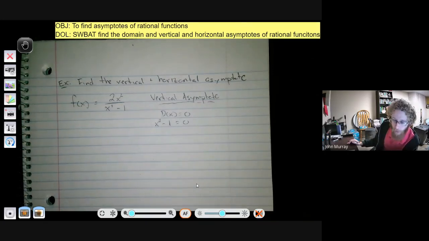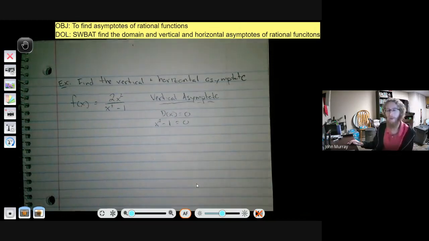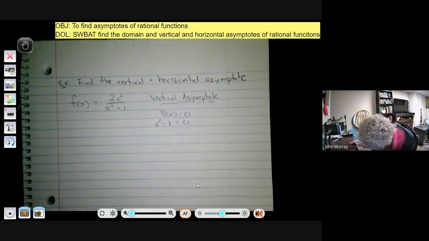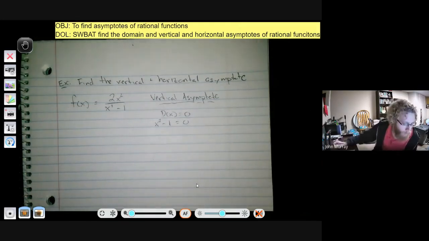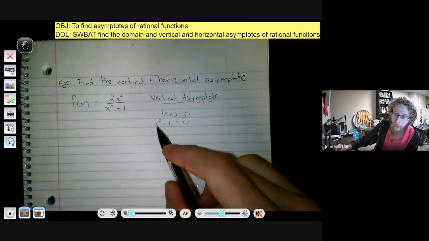There's two ways you can do this. This is a perfect square where we can factor it, or you can solve it using algebra. We're going to start factoring, though, because factoring does play a key part in rational functions in general.